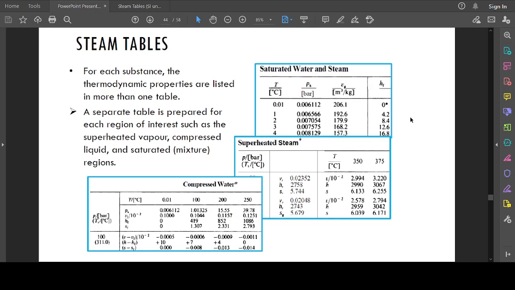In the steam table, there is a section for saturated water and steam, a section for superheated steam, and also one for compressed water. In most cases, our calculations and teaching will be within the superheated steam and the saturated water and steam sections. Okay.